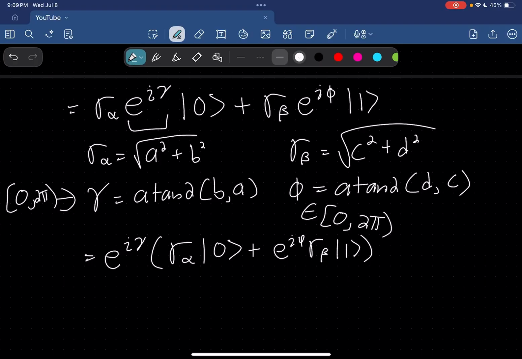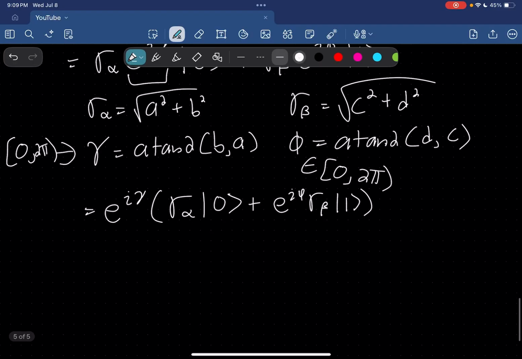So this is what we have now. And in another video, I'm going to talk more in depth about this global phase factor here. But for now, just trust the fact that this term isn't physically realizable, and so we can just drop it without any consequences. So we can factor out this global phase, and then drop it. So what we're left with is this congruent quantum state.